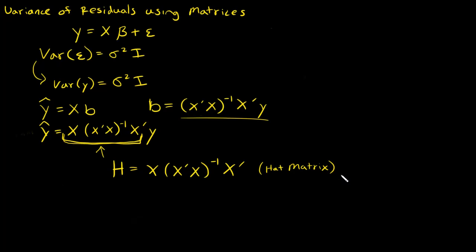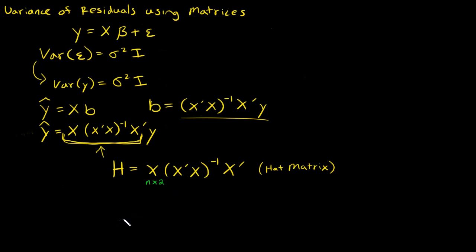Let's think about what the dimension of this hat matrix is. X is n by however many parameters you have. If you have 2 parameters, the intercept and the slope, then it's n by 2.